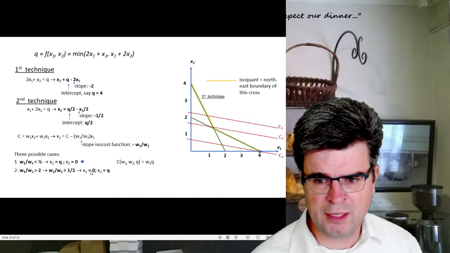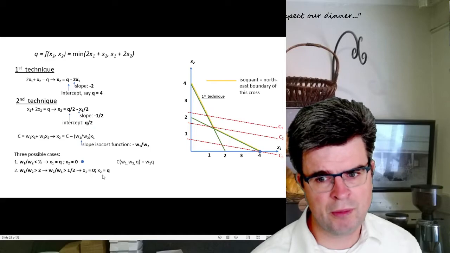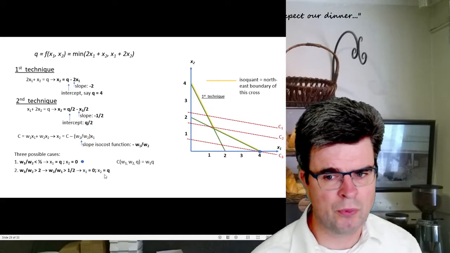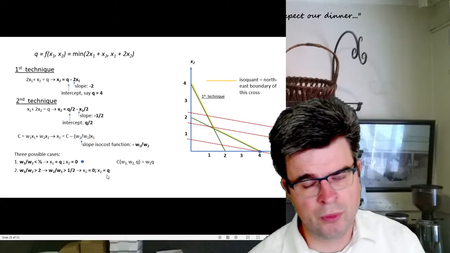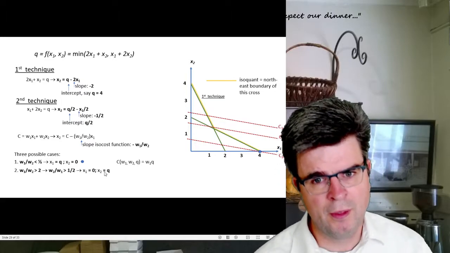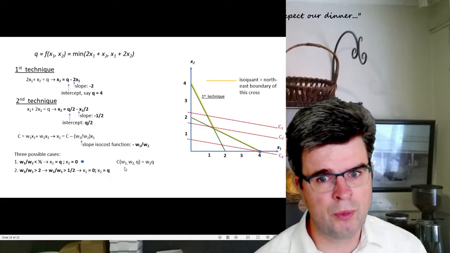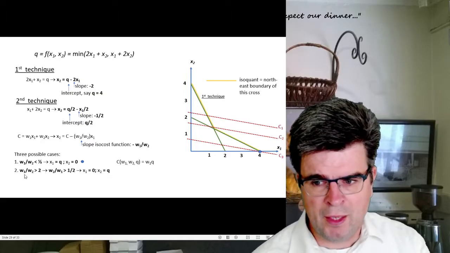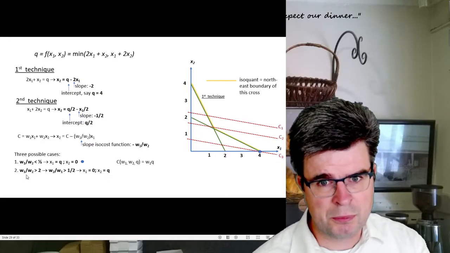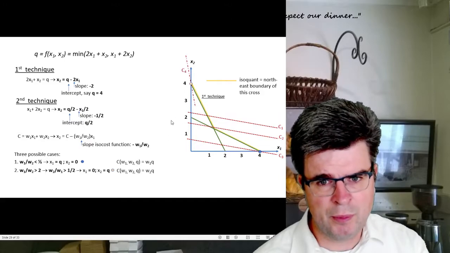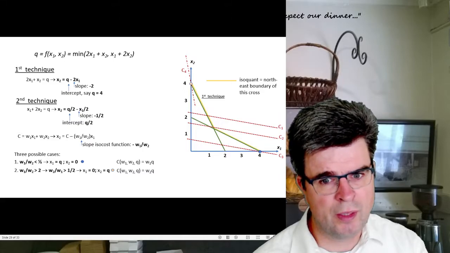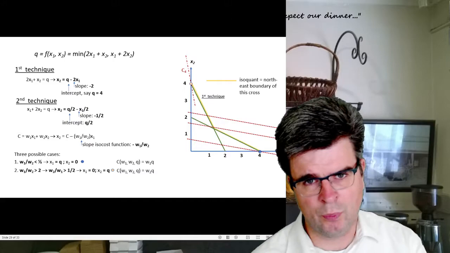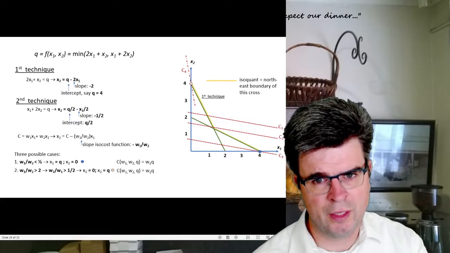So in this case, x1 will be equal to 0 and x2 will be equal to Q. And that will also allow us to produce Q units of output. So if we want to produce, say, 4 units of output, and x1 is relatively expensive to x2, then we will be at the point where we use 4 units of x2 and 0 units of x1 in order to produce 4 units of output.